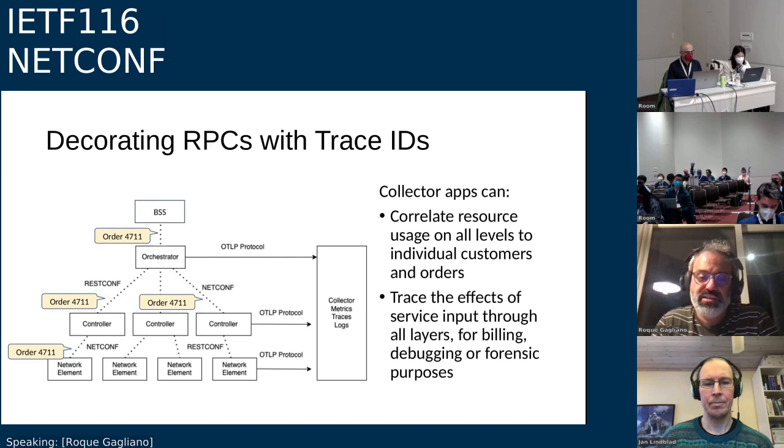The idea is that this data can then be used by either the orchestrator, the controllers, or the network elements when they export OTLP, which is a new protocol being decided by the Cloud Native Foundation, to external collectors. One of the key elements of using the W3C encoding is to tap into the ecosystem of collector traces and logs that exist. There are a lot of commercial and open source tools that are embracing these standards, and we have some screenshots to show you on a pre-draft implementation that we have done already.